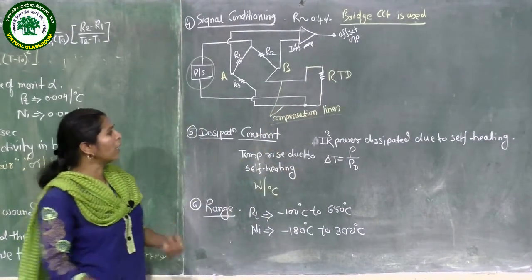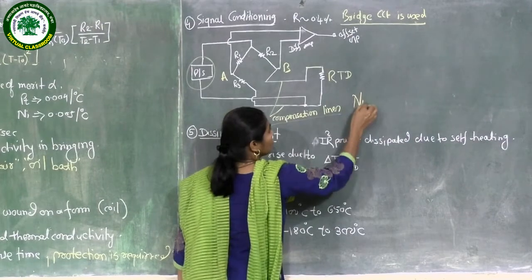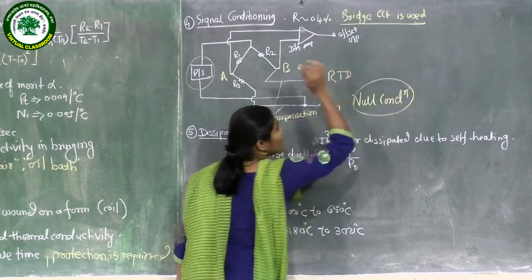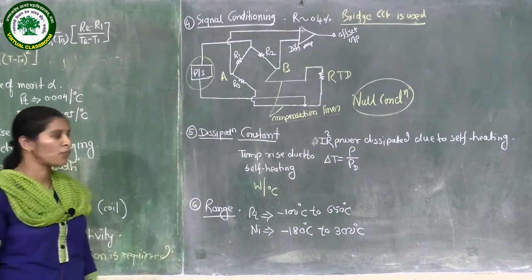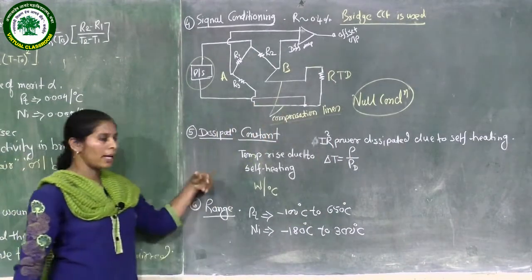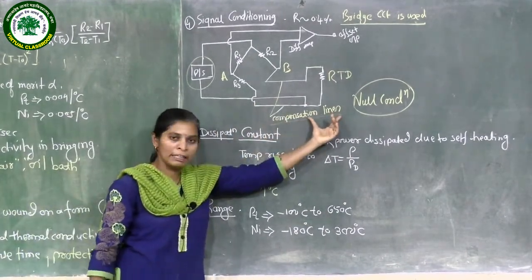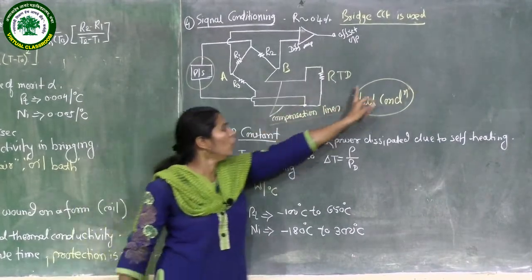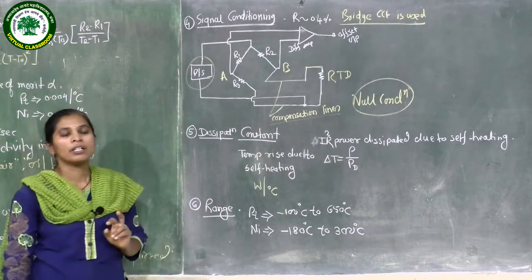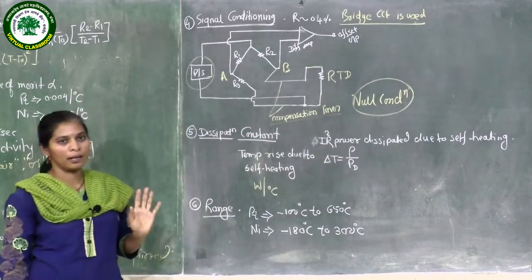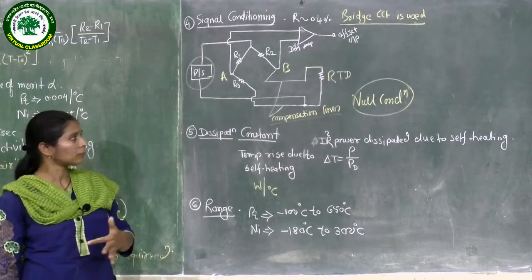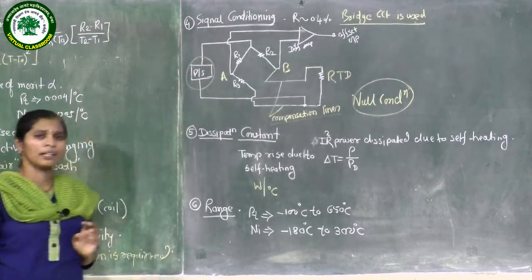As a result, this null condition will not be disturbed at all, and therefore this error can be minimized by using the compensation lines, that is, extra lead wires, so that the null condition is not changed and the resistances remain in proportion. That is regarding the signal conditioning.